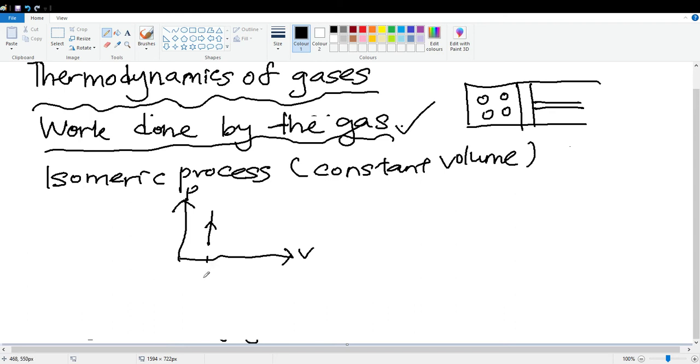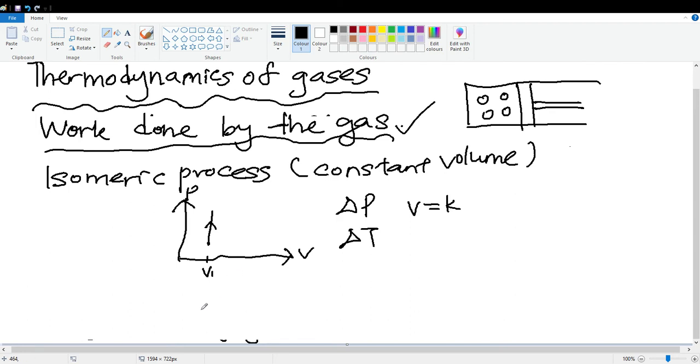This is my V1. Since the volume is constant, the straight line represents a change in pressure and a change in temperature, but the volume is constant.